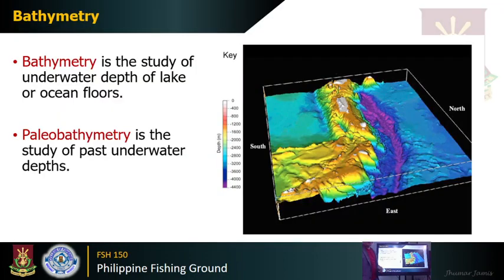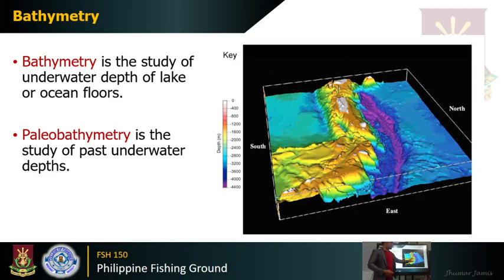So pag sinabi nating bathymetry, it is the science or the study of the underwater depth of lake or ocean floors. Meaning to say, when we deal with bathymetry, we are focusing on the underwater depth of a certain body of water. Here in this figure, you can see that there are different color variations between the areas.